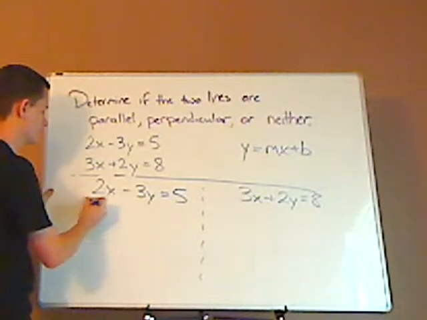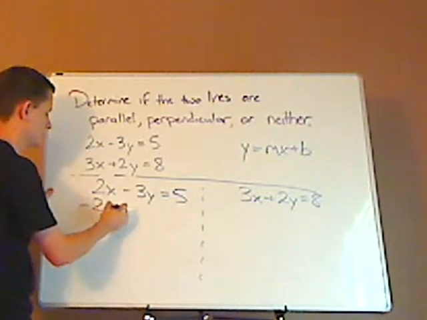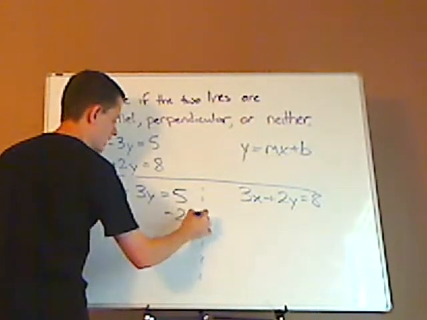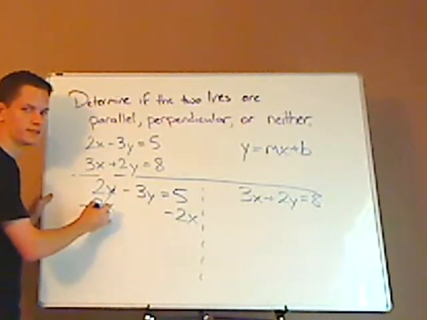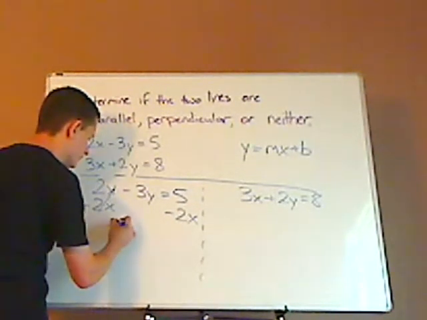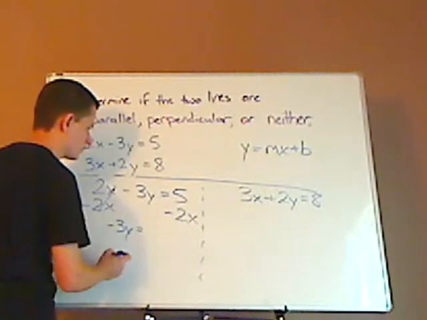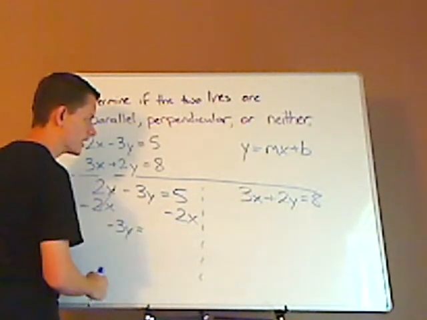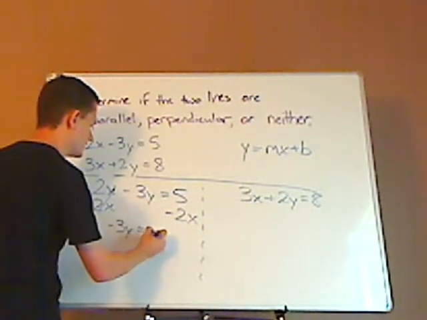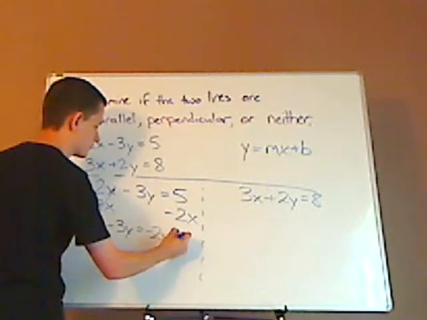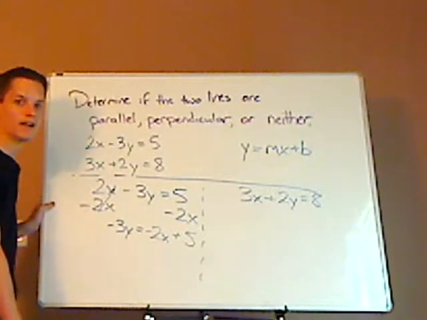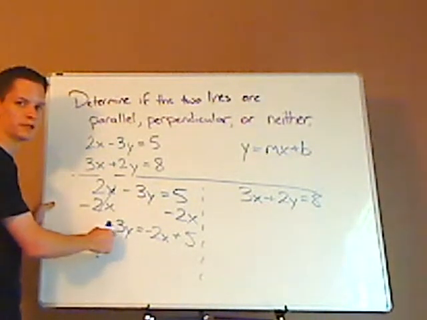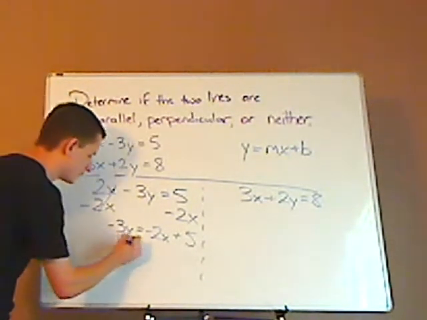The opposite of positive 2x is negative 2x, so I have to subtract 2x from both sides. So this cancels, and I'm left with negative 3y equals 5 minus 2x, or I can say negative 2x plus 5. Then divide everything by -3, because you're multiplying here, so you do the opposite.